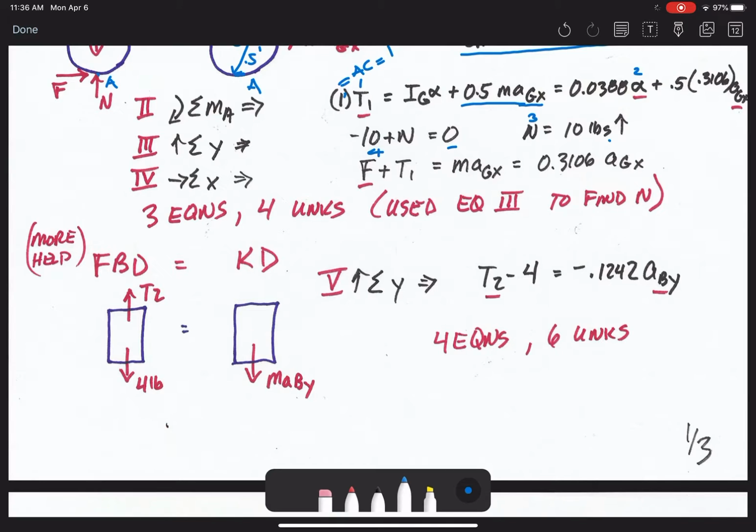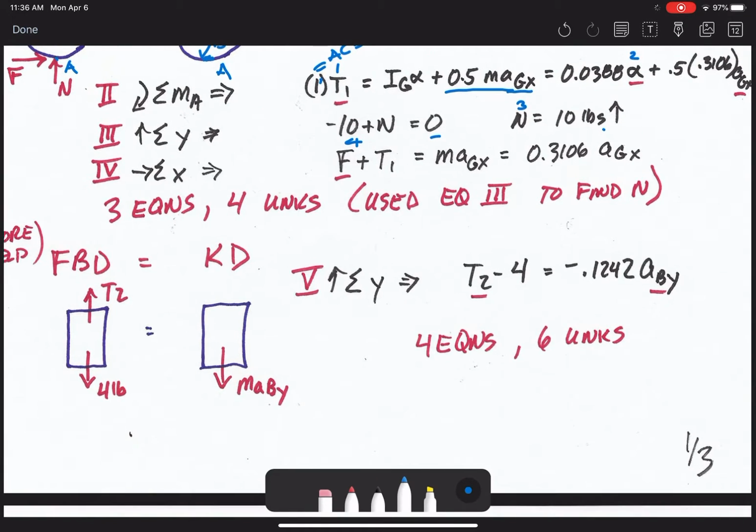From that we can have the equation in the y direction, assuming going up is positive: T2 minus 4, going down, equals negative, because the block is going down, m a By going down in there. So that's why it's negative. With that, we have additional unknowns, so we already have 4 unknowns.